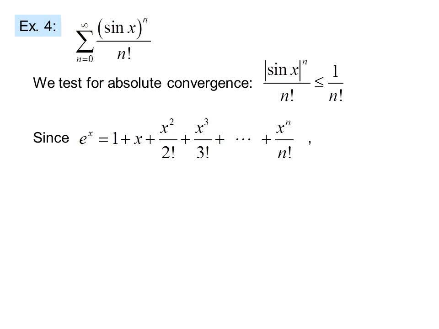Since e to the x equals 1 plus x squared over 2 factorial plus x cubed over 3 factorial through x to the n over n factorial, the summation from n equals 0 to infinity of 1 over n factorial converges to e to the 1, or e.